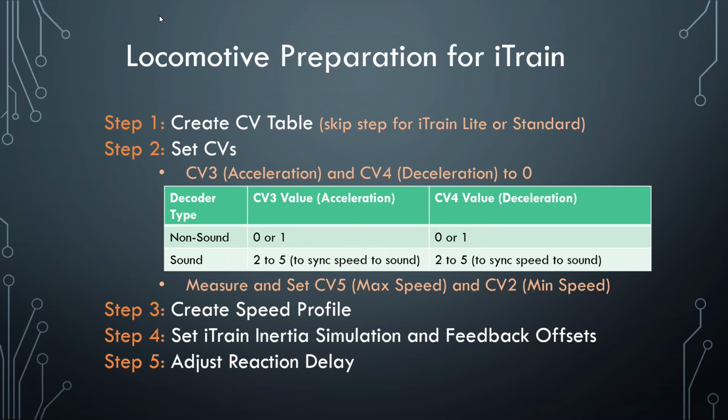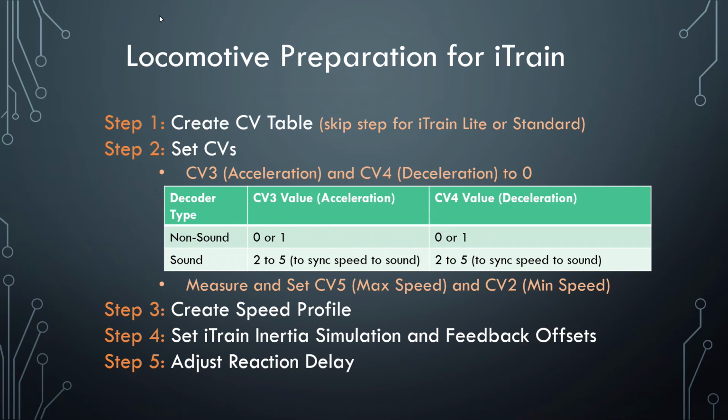In step 3, we created the speed profile. Now throughout these tutorials you'll often hear me say the phrase 126 step decoder and 128 step decoder, which may be a little confusing, but they are both the same decoder.